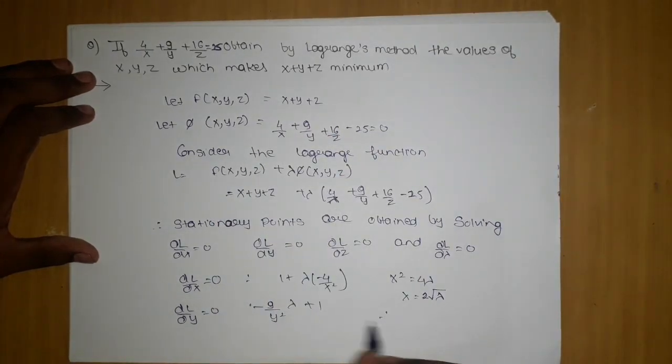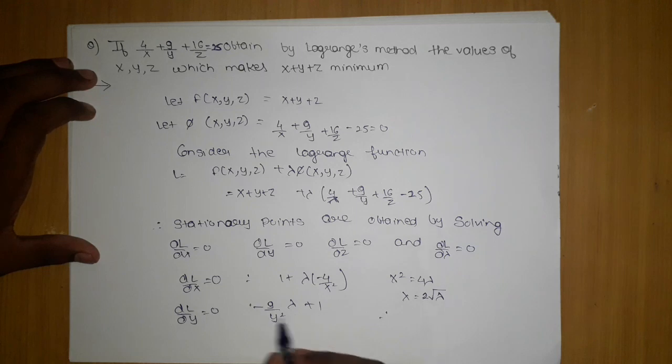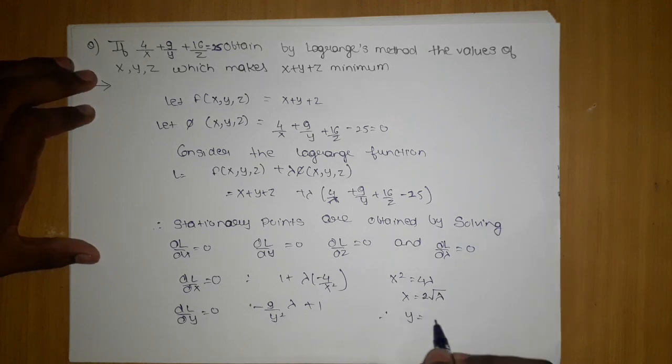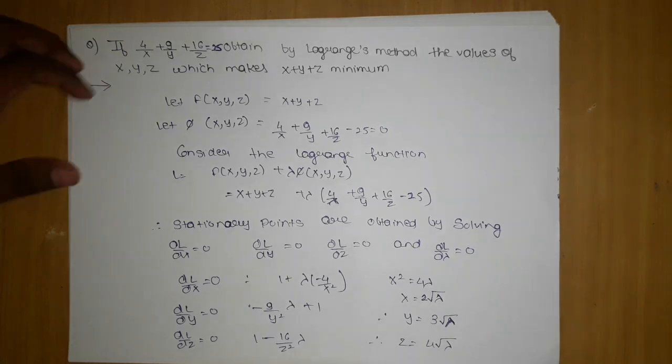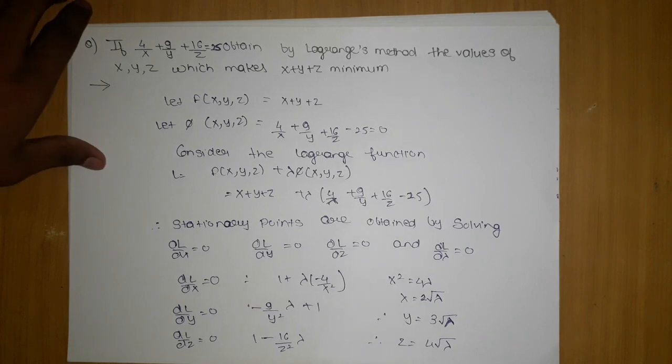And if I solve it, you can directly make out that y will move here and it will multiply, and you will get y equals 3 under root lambda. Similarly, dou L by dou z equal to 0, again 1 plus minus 16 by z square lambda, and here similarly we solve z equals 4 under root lambda. So we got x, y and z values.